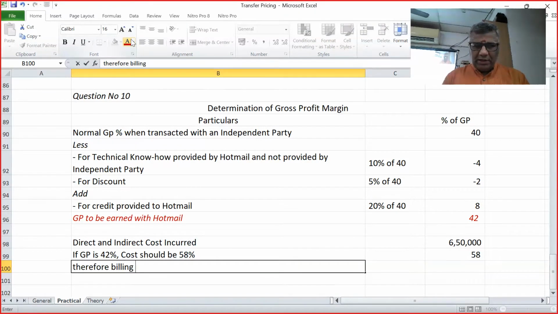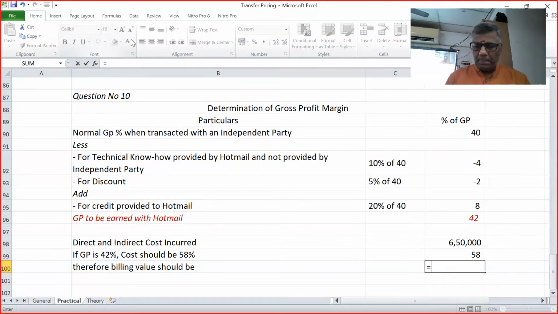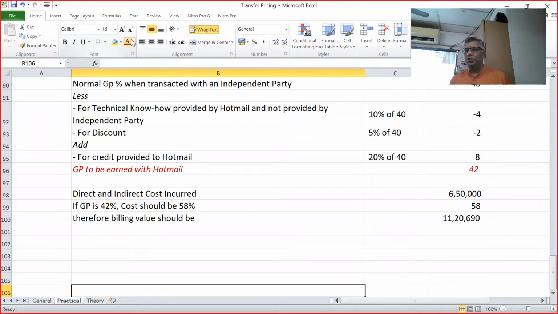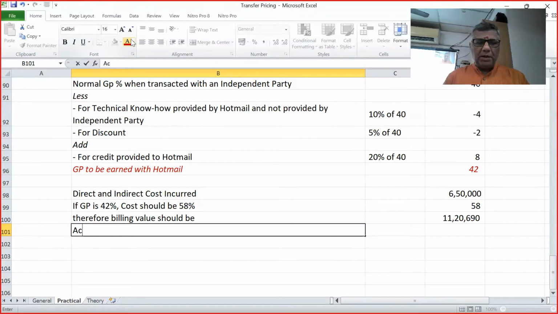Therefore, billing value should be 11,20,690. Actual billing, how many hours? 2000 man hours. Per man hour, the billing is 400.